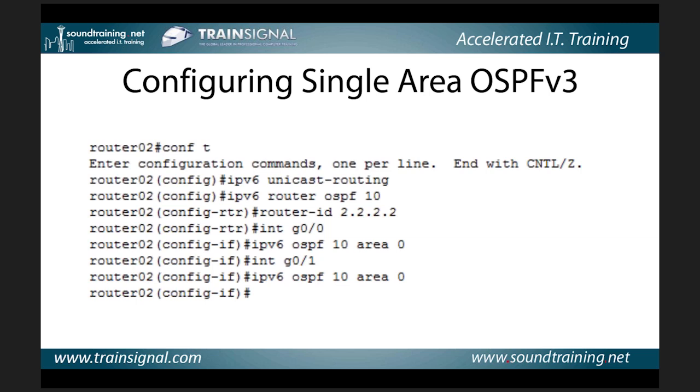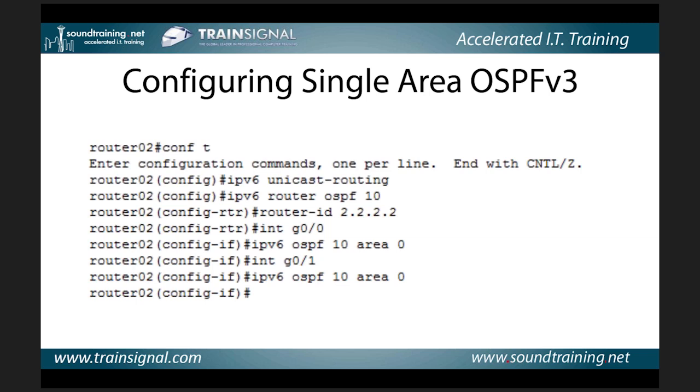This is any number between 1 and 65,535. Then we go in and give it a router ID. Now, the router ID that I gave mine looks an awful lot like a traditional IPv4 address. The reason I gave it 2.2.2.2 is I tried to tie it in with a router name. You don't have to do that, but that was my goal.